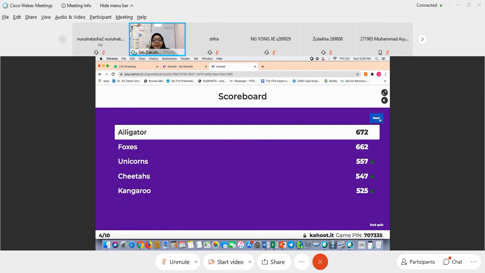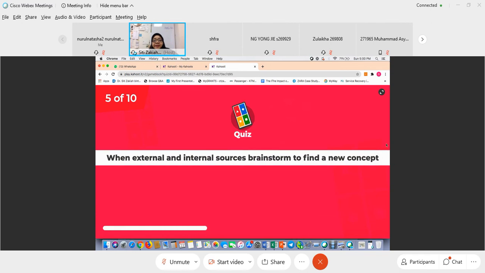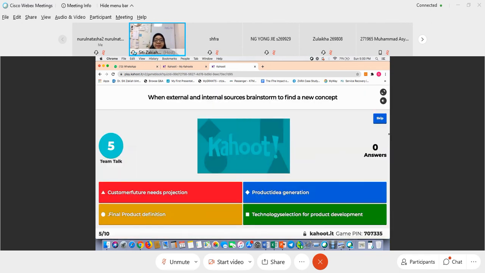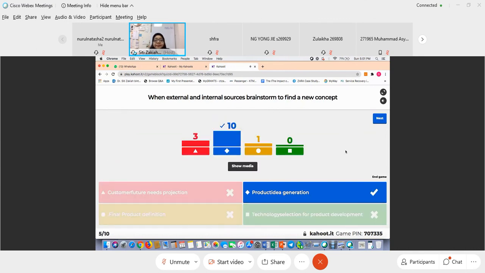Okay, right? When external and internal sources brainstorm to find a new concept, what does it call? When you are trying to find a new concept, what does it call? Yes, the answer is product idea generation.